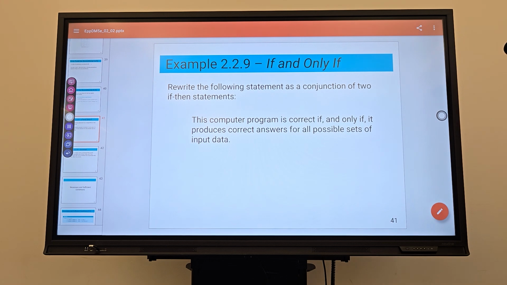Rewrite the following statement as a conjunction of 2 if-then statements. This computer program is correct if and only if it produces correct answers for all possible sets of input data.